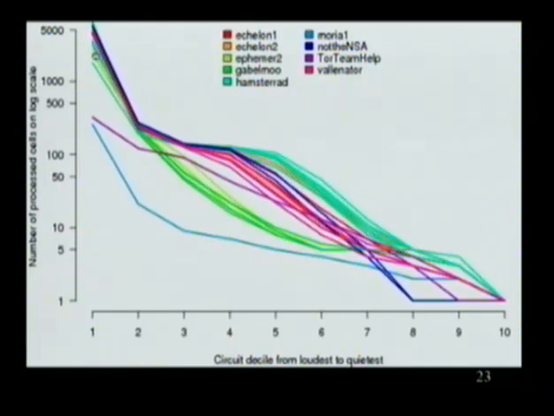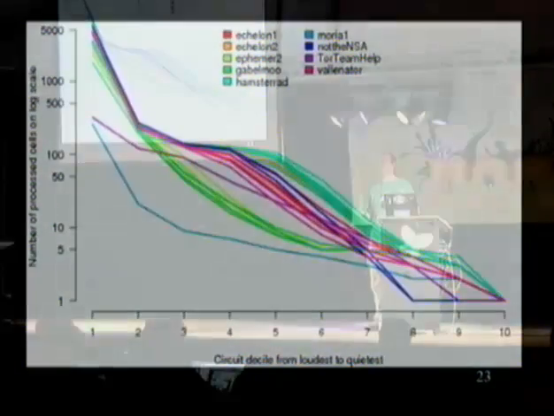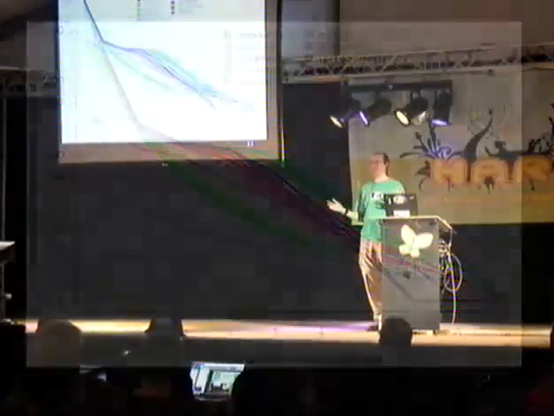So that's several megabytes of data. And if we look at just 10% over, the 20 percentile most loud circuits, they're only sending a few hundred cells. So 10% or less of the circuits are really, really loud, and the rest of them are really not that loud.